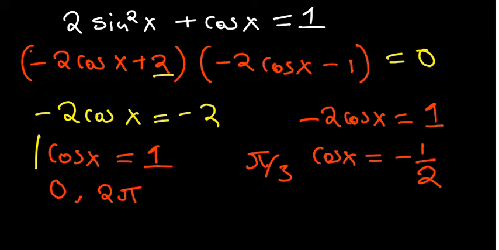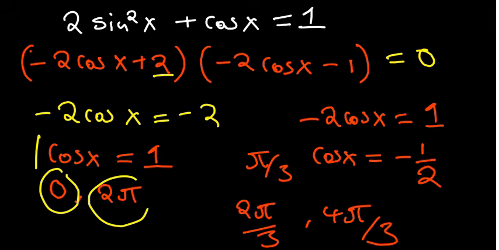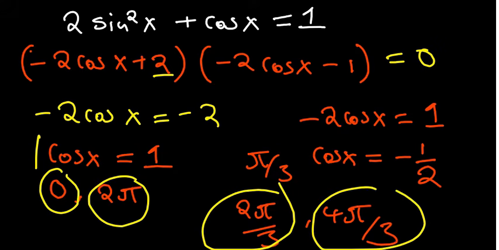That's the way you find the other two solutions. If you subtract from pi, you have 2 pi over 3. If you add to pi, you have 4 pi over 3. So ultimately, these are the possible solutions that satisfy that equation: 0, 2 pi, 2 pi over 3, 4 pi over 3.